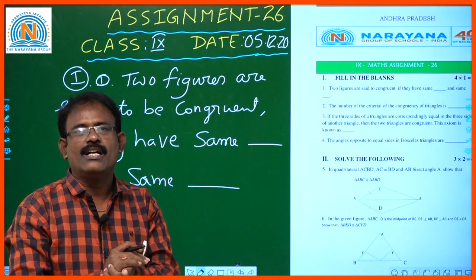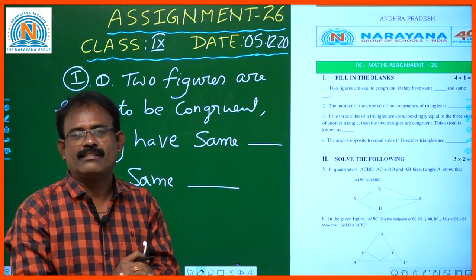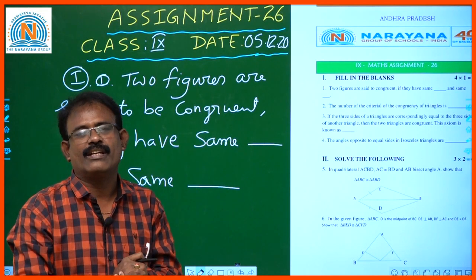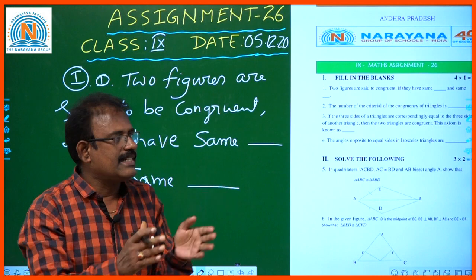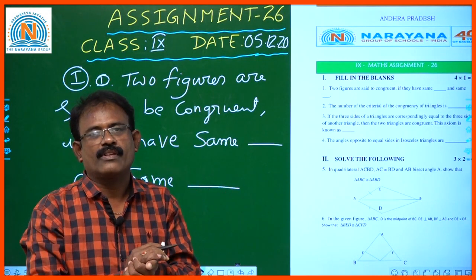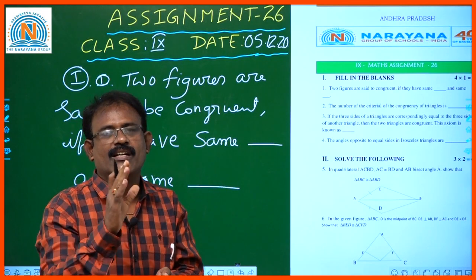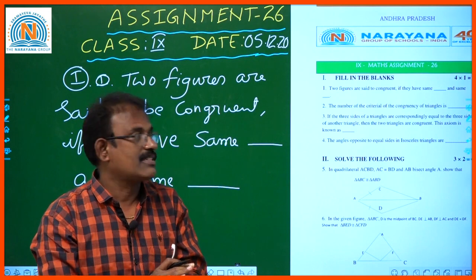If you take the same two tables in one class, they are congruent. If you see two doors that look the same, they have 100% same shape and same size.